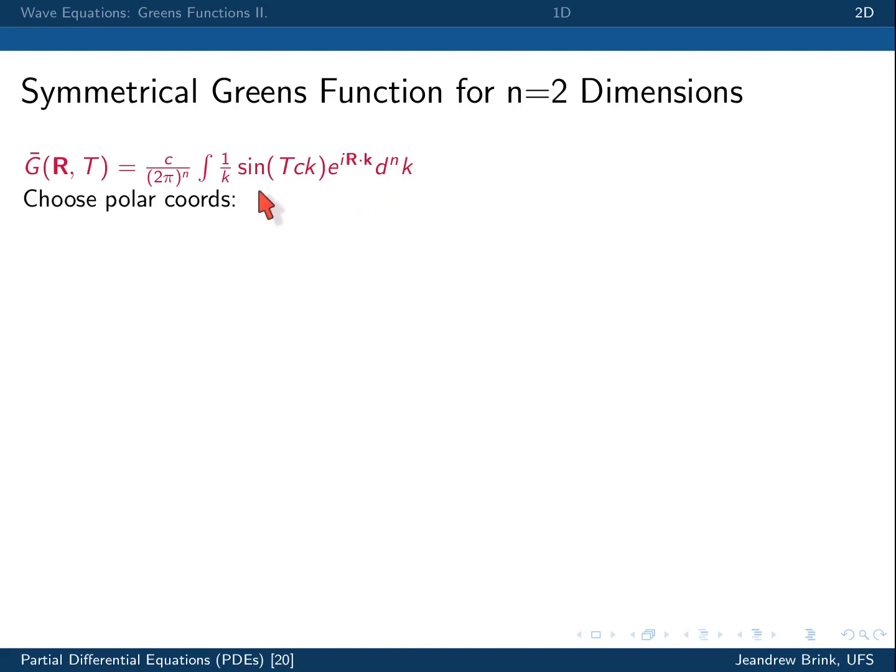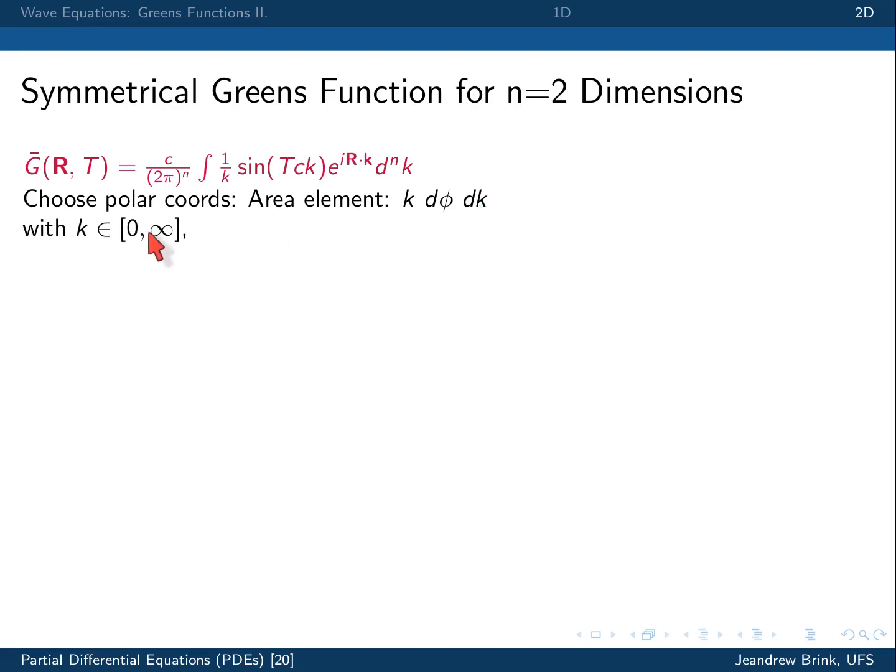So the first thing we're going to do is choose polar coordinates centered at the place where k is equal to 0. In polar coordinates, the area element is the norm of the Jacobian, and that's equal to k dφ dk.